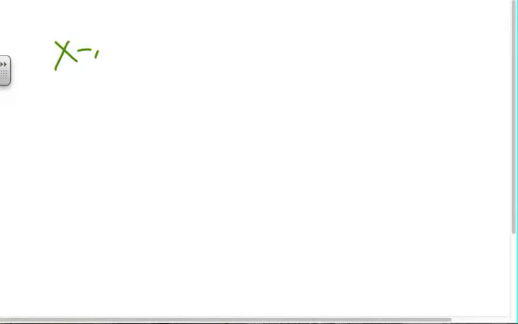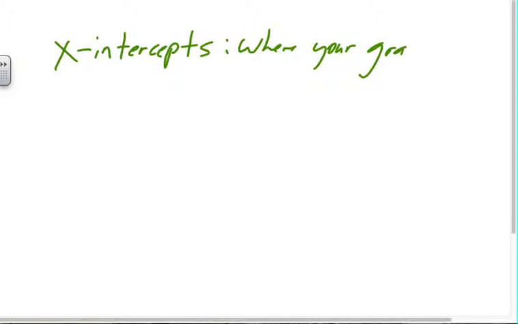Okay. x-intercepts. This is where we start to get into the meat of this thing. This is where your graph crosses the x-axis.